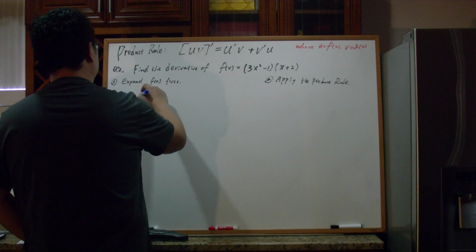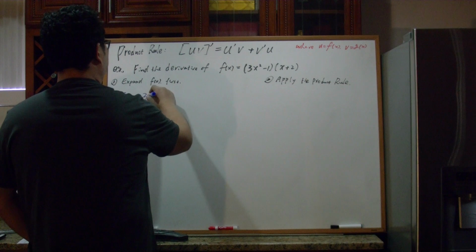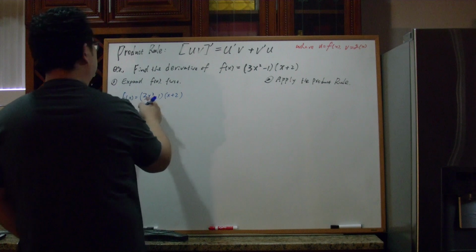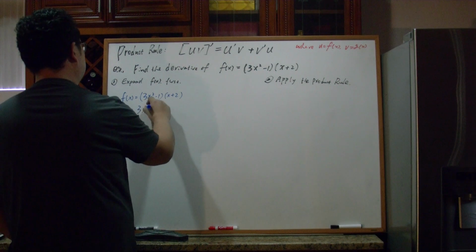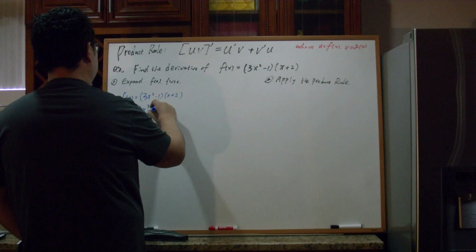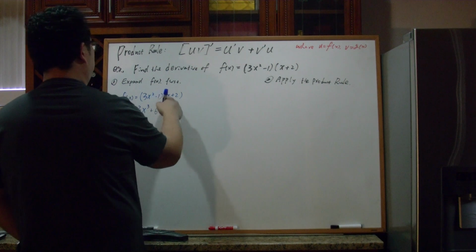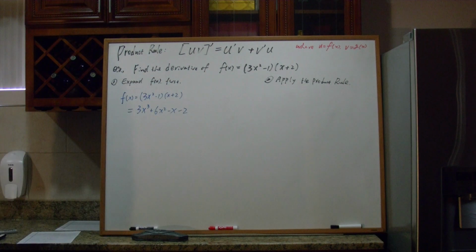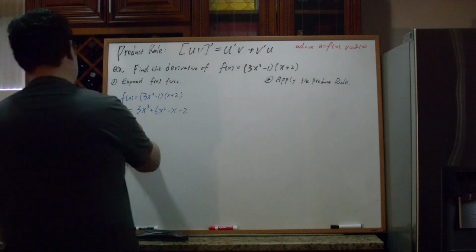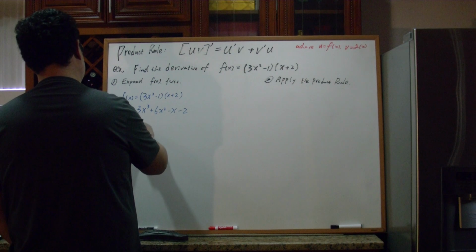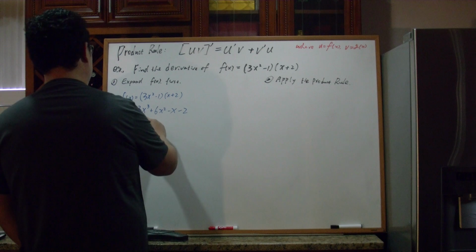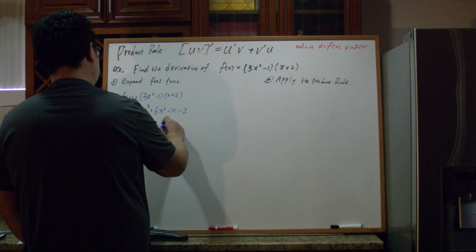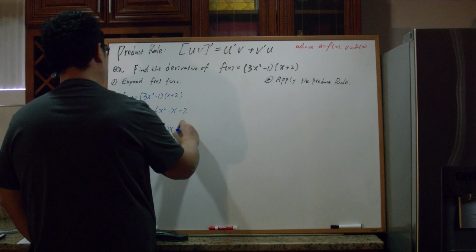f of x equals 3x squared minus 1 times x plus 2. This one we can simply FOIL. 3x squared times x is 3x to the third. 3x squared times 2 is 6x squared. Negative 1 times x, negative 1 times 2. That's what we get for f of x. Then we do f prime of x. That will be 3 times 3x to the second plus 6 times 2x minus 1 minus 0.